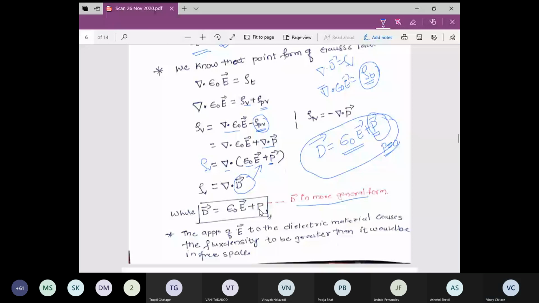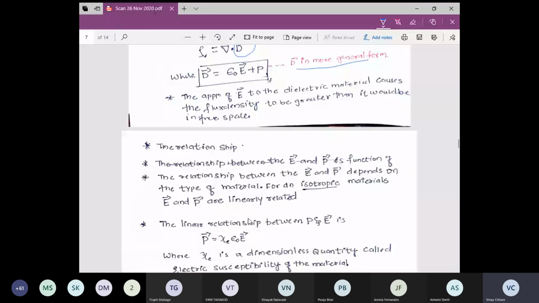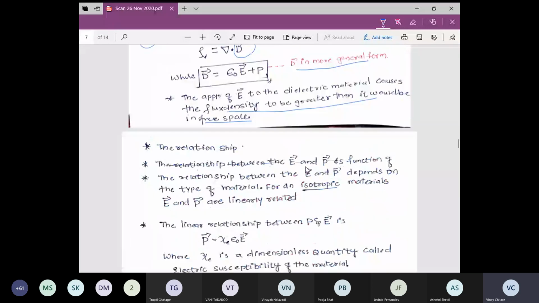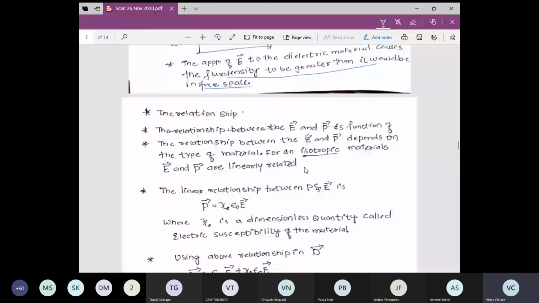Now we got this relationship: D is equal to epsilon naught E plus P. The application of E to a dielectric material causes the flux density to be greater than it would be in free space. Further, the relationship between E and P depends upon the type of material we use.